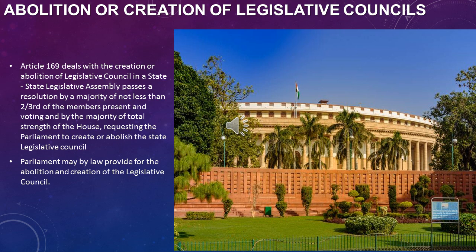Article 169 holds that if the state legislative assembly passes a resolution by a majority of not less than two thirds of the members present and voting, and by a majority of the total strength of the house, requesting the Parliament to create or abolish the state legislative council, then the Parliament may by law provide for the abolition or creation of the legislative council.